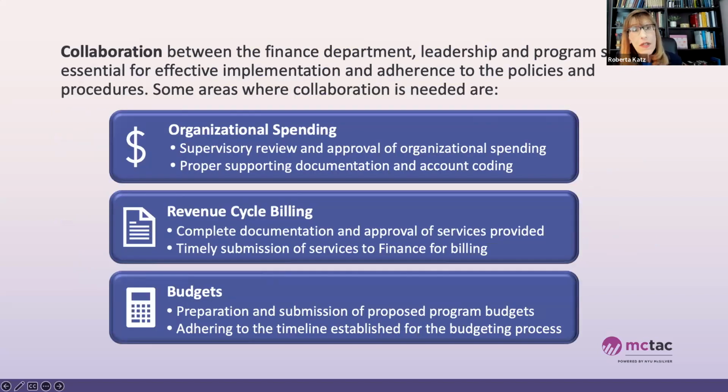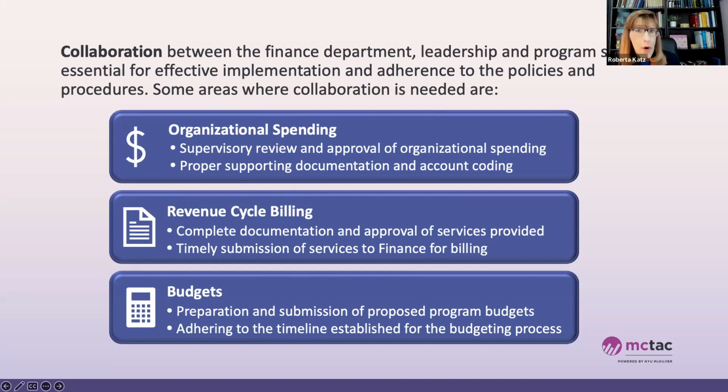Collaboration. So this is a term that we emphasized in our previous webinar series, and we will emphasize in this workshop series as well. Collaboration between the finance department, leadership, and program staff is essential for effective implementation and adherence to the policies and procedures. So some areas where collaboration is needed is organizational spending.